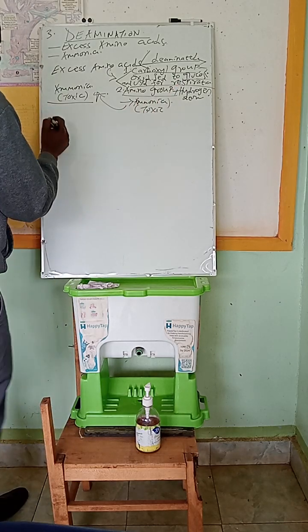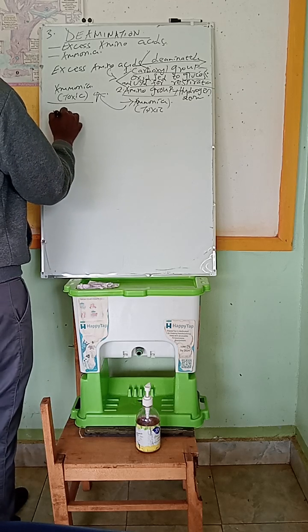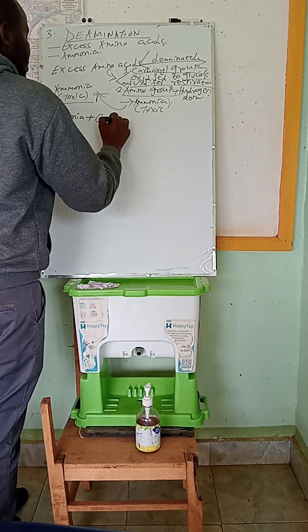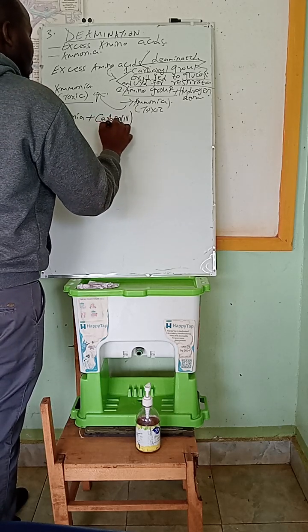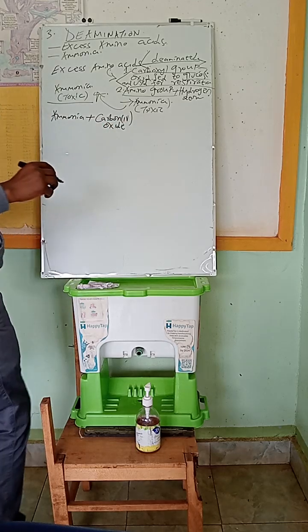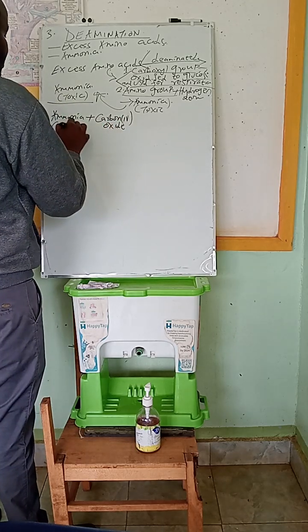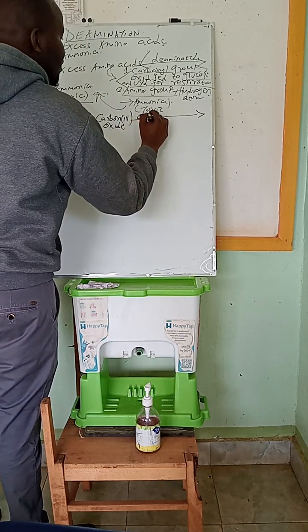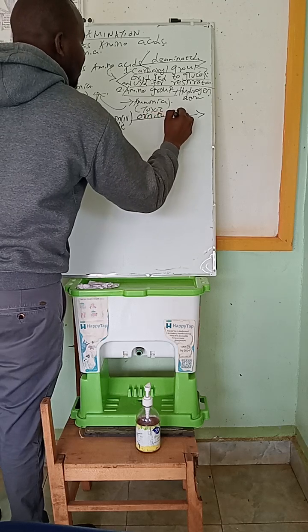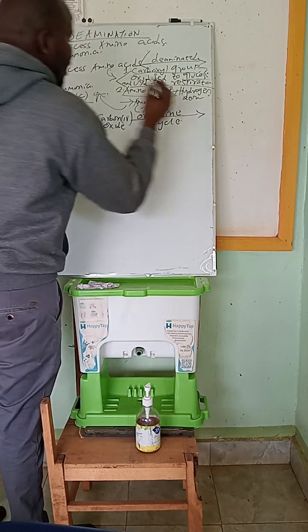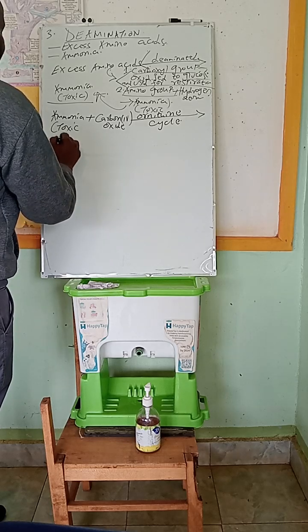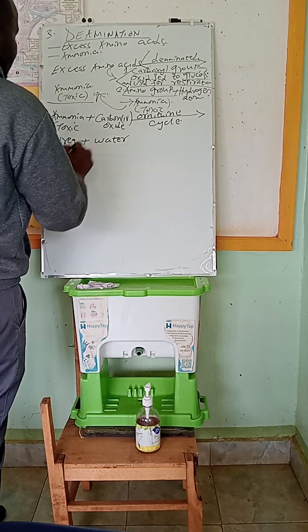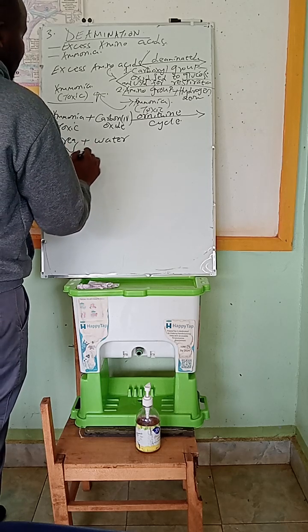So this toxic material, ammonia, will combine with carbon dioxide and enter a stage called the ornithine cycle. And what do we get? You get urea plus water. This one is what? Less toxic.